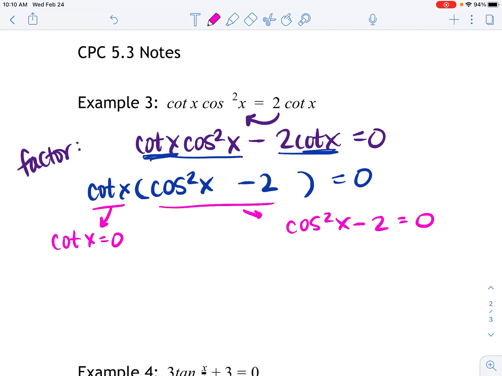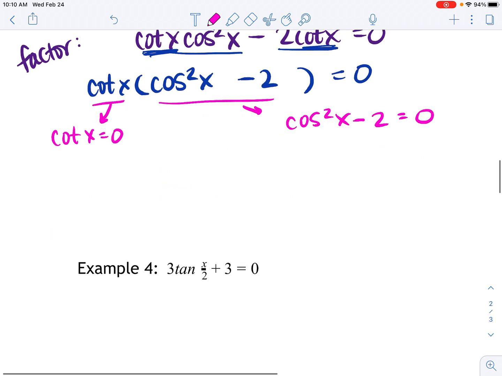I'll start with the one on the left, cotangent of x. If I had a calculator with a button for cotangent inverse, I could do cotangent inverse of 0 and get my answer. But I don't. On my calculator, I just have sine inverse, cosine inverse, tan inverse. So I'm going to have to do this one by hand.